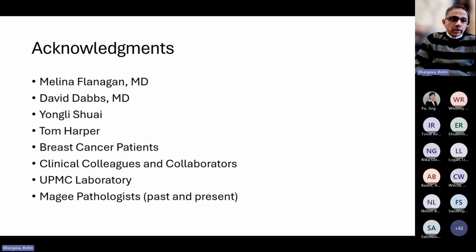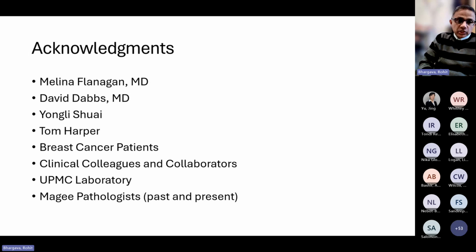I would like to acknowledge some key individuals: Dr. Melina Flanagan, who published the first paper on Magee equations; Dr. David Dabbs, with whom I worked for several years here at Magee; Yongli Shuai, the biostatistician who helped us tremendously with the regression equations; Mr. Tom Harper, who developed the web page, so that the Magee equations could be offered to everyone for free.